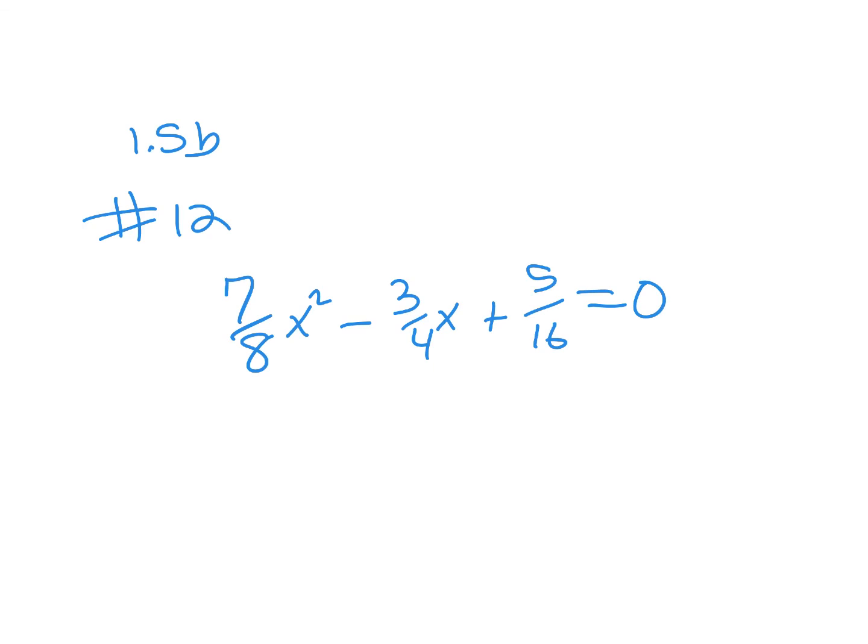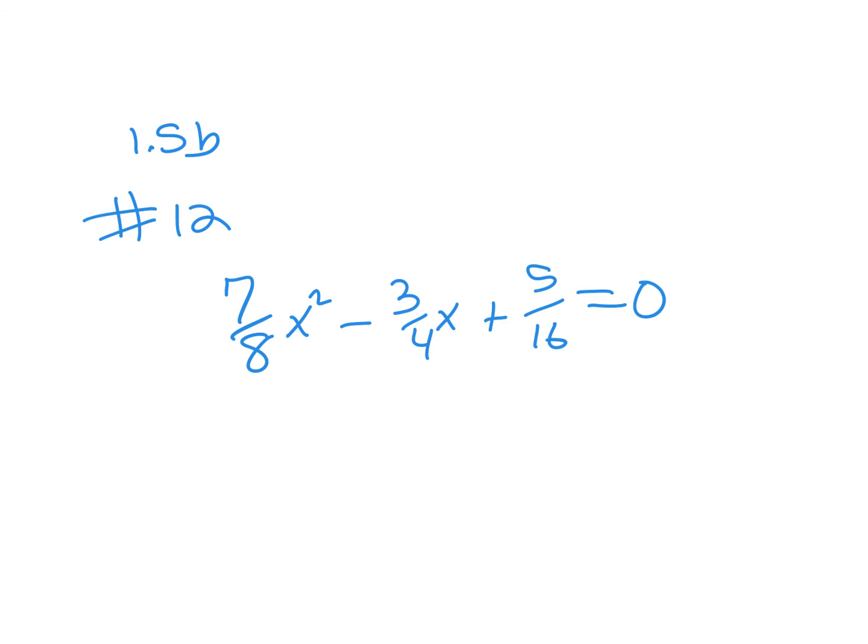Now, the instruction said use quadratic formula. When I did this in the notes, I told you last year and probably every year that we've done this, we always like to give you questions that have fractions in it and tell you to use quadratic formula. Do not attempt to put in a equals 7/8, b equals negative 3/4. You will have a nightmare on your hands. You need to clear the fractions first.